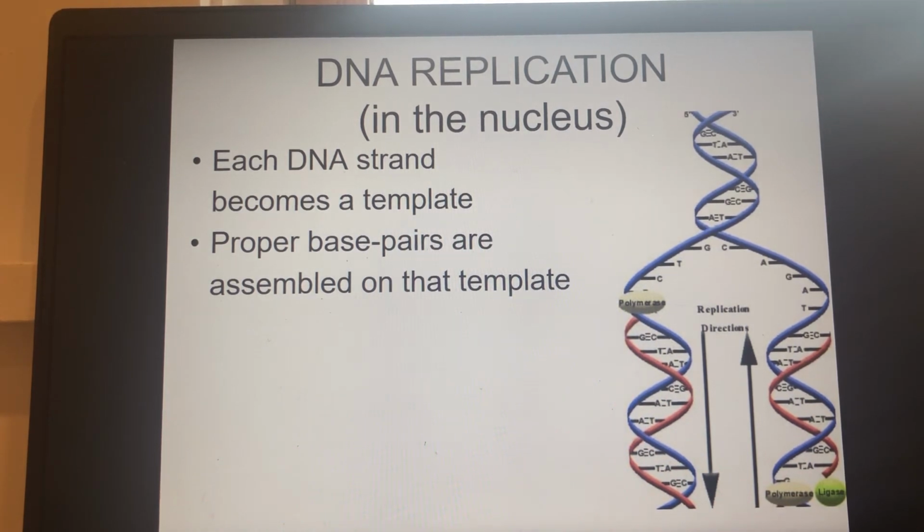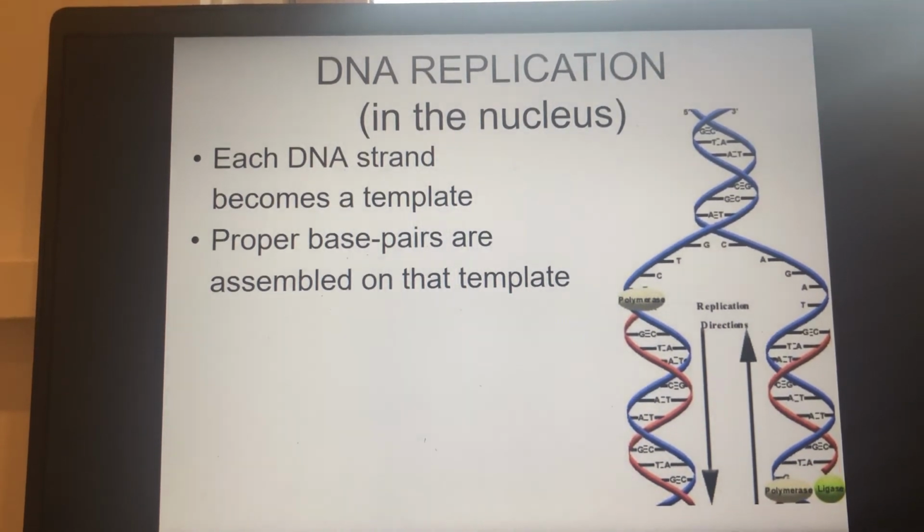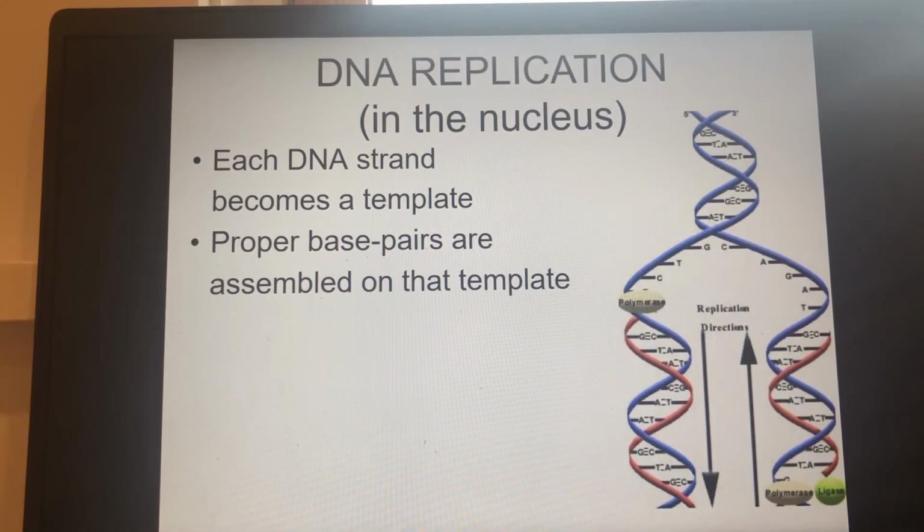When you watch other videos, they're going to talk a lot about the direction of DNA replication. We're going to touch on it, but this is a hard concept that I don't want you to get too stuck in the weeds. What I'd like you to really focus on are the main enzymes, what they do in this process, and we'll talk a little bit about this replication direction in a minute.